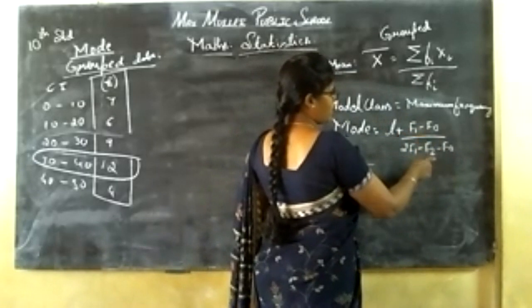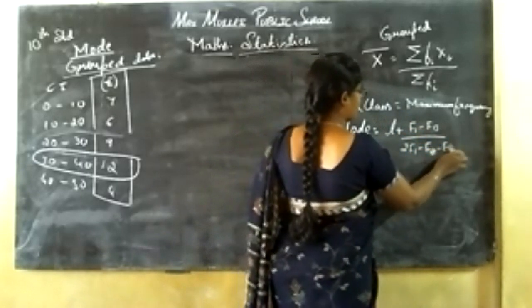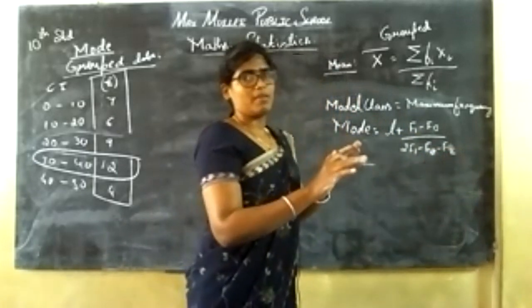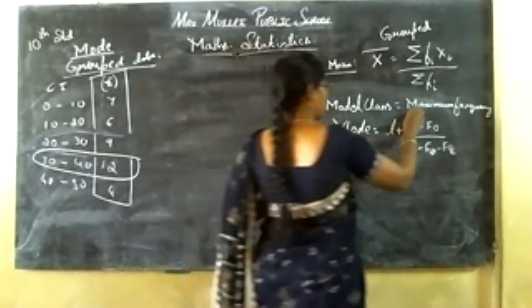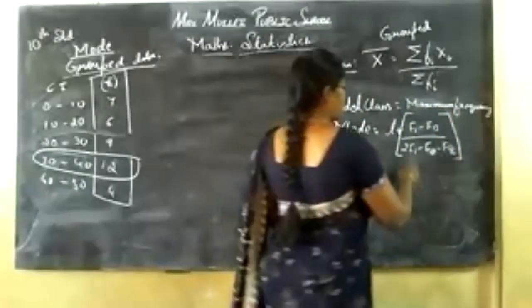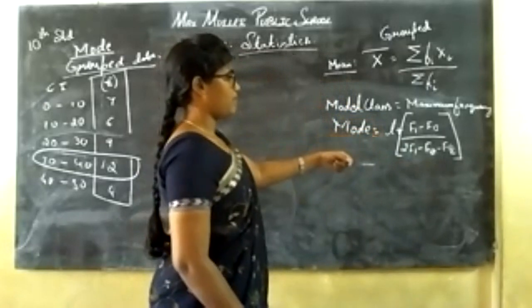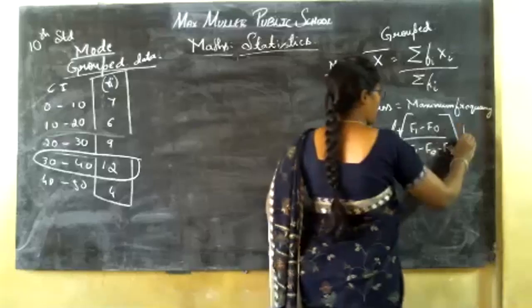You can take F0 and F2 either way. Inside the bracket, plus, minus, multiplication, you can mix and match, but look at the signs. Now the formula is L plus (F1 minus F0) divided by (2F1 minus F0 minus F2), into H.